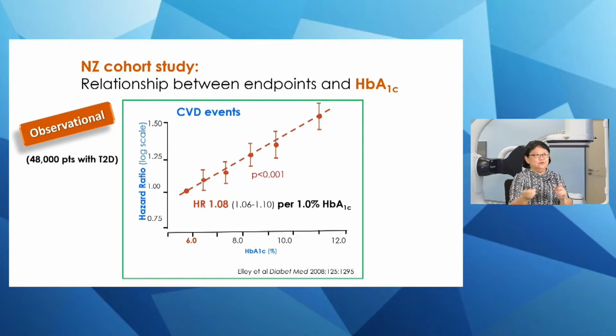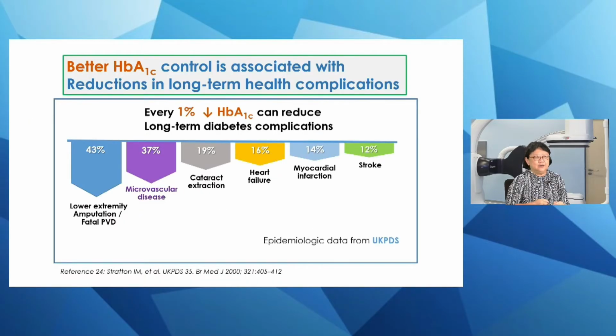For every 1% increase in A1C, you've got a hazard ratio of 1.08, significant. So the higher the A1C, the higher the chance that you will develop a cardiovascular outcome.